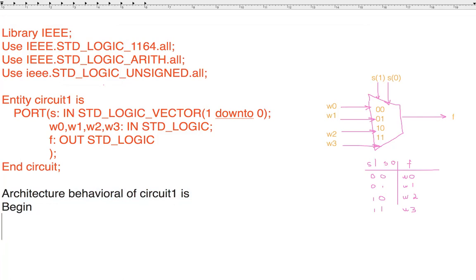What we're going to do is assign it. This is when we're going to use with select. If you guys recall, it's a good reminder if you don't. With S, S is what's selecting what goes to the output.